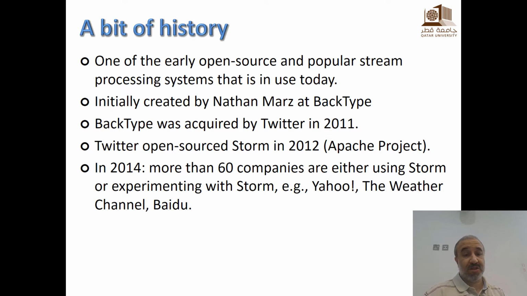In 2014, more than 60 companies were using Storm, of course, besides Twitter, like Yahoo and Weather Channel. Baidu is the Chinese search engine. So it was really one of the very early and promising data streaming frameworks.